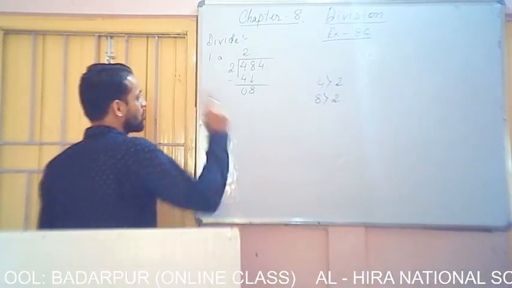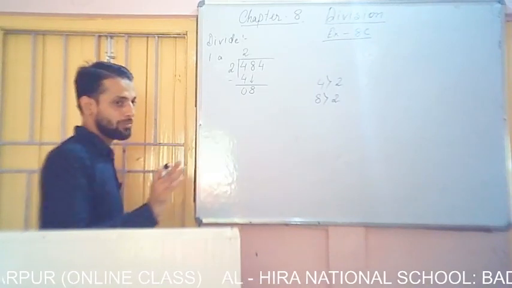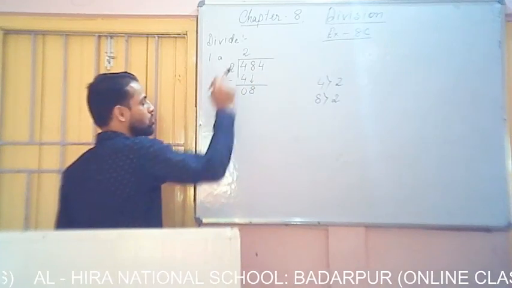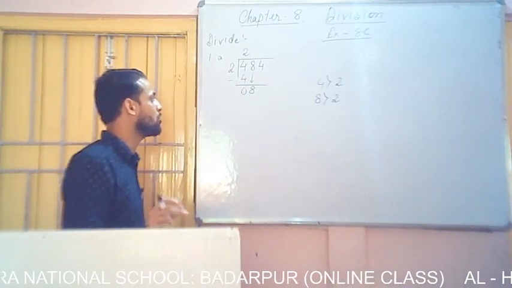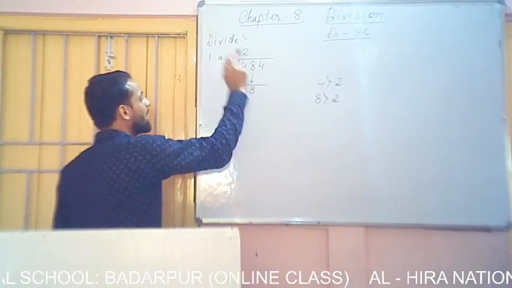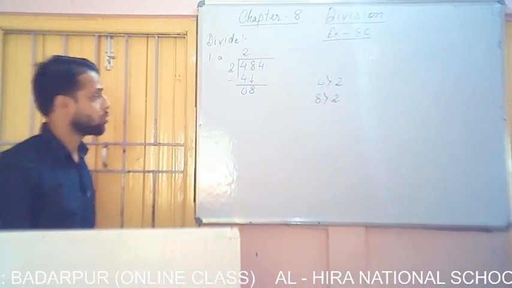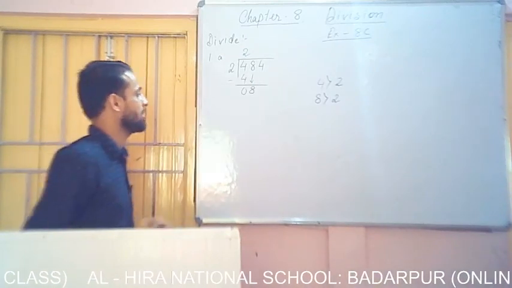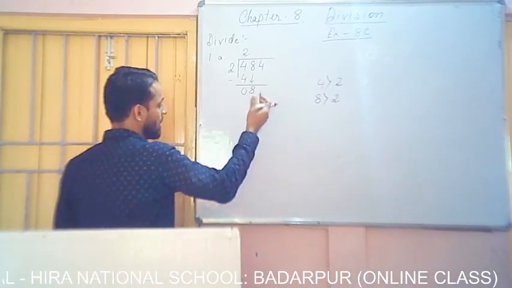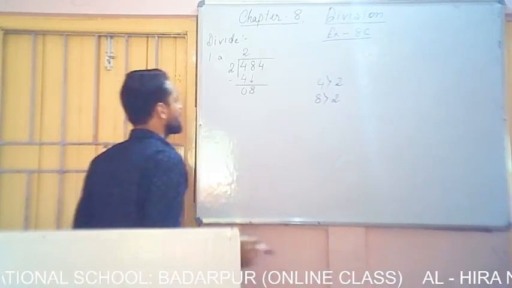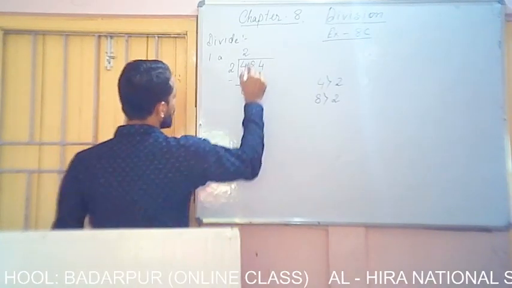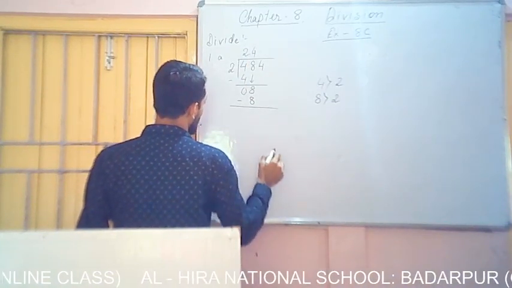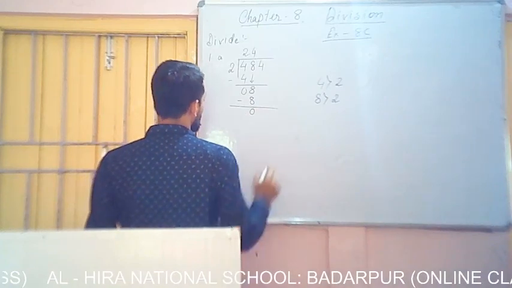So we follow the 2 multiplication table, because in each and every case we have to divide by 2. 2 fours are 8. Now again we subtract. 8 minus 8 equals 0. Now we are done with the second step.